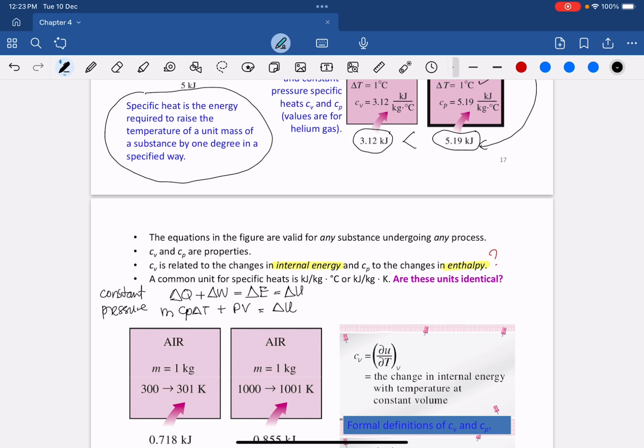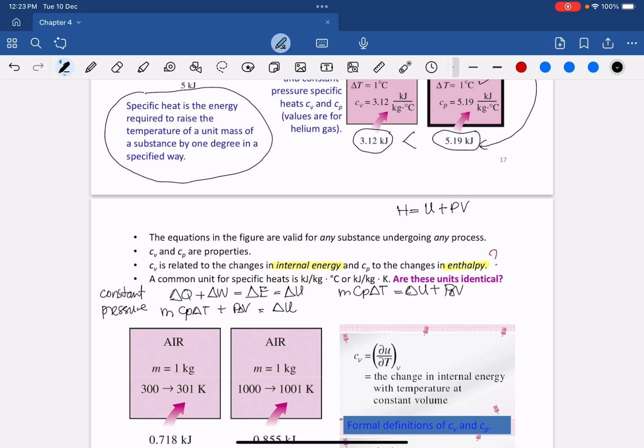And from here, we can write this equation as delta U and P delta V, where P delta V is the boundary work. If you remember, the definition of enthalpy is U plus PV, right?